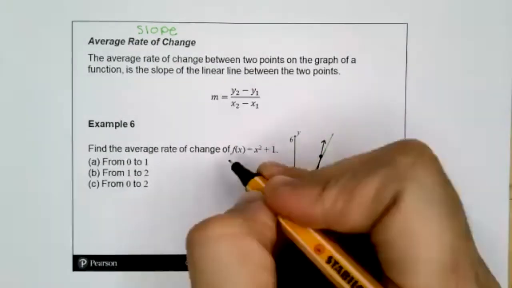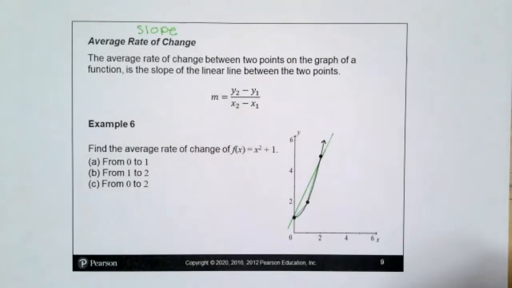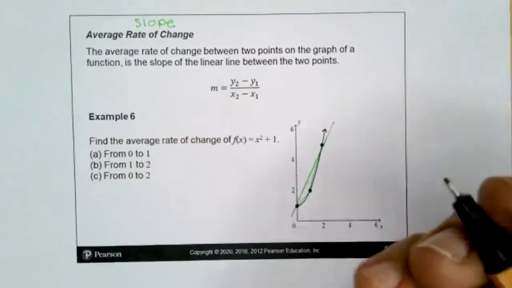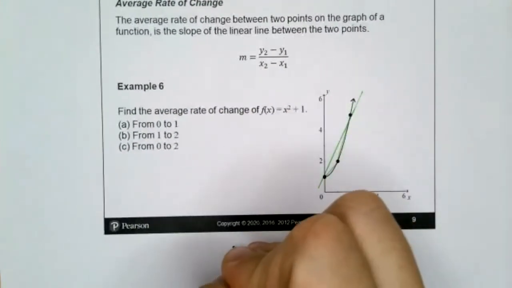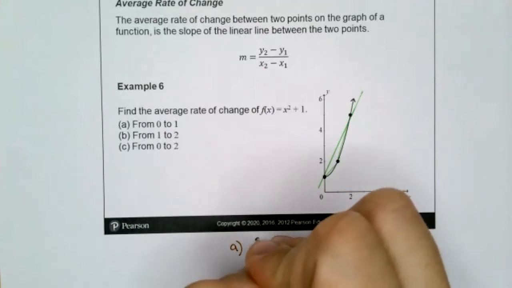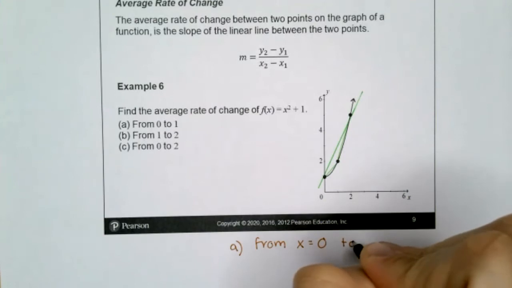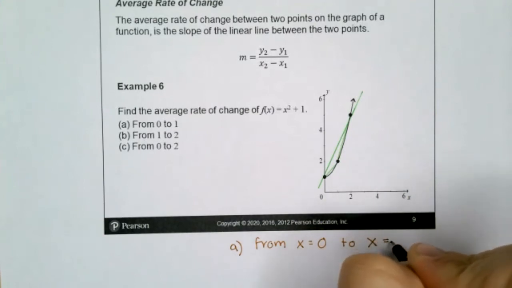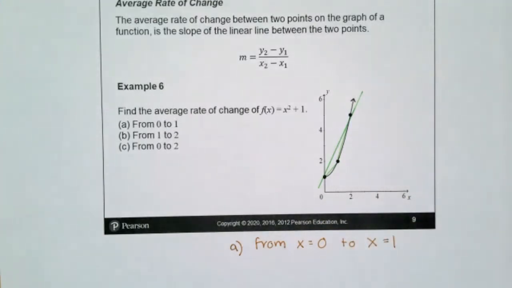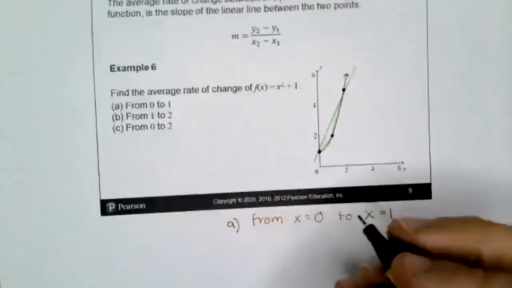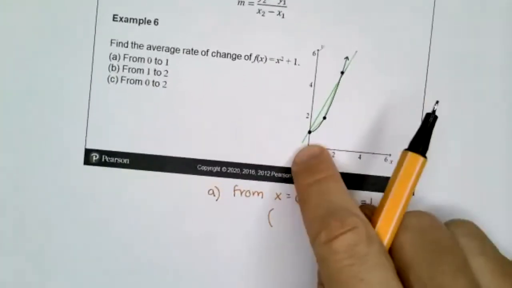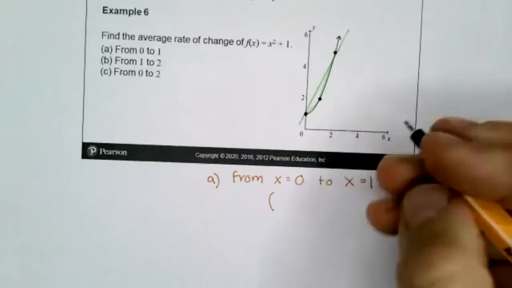Good. So here is f of x equals x squared plus 1. They want the rate of change from 0 to 1. So from x equals 0 to x equals 1, right? So when x equals 0, y equals 1.